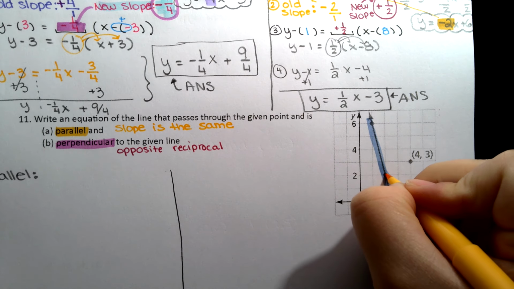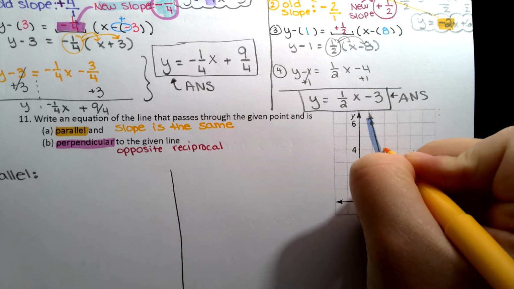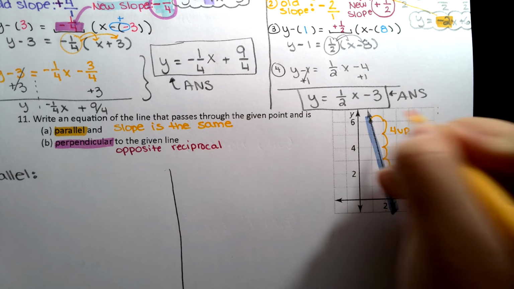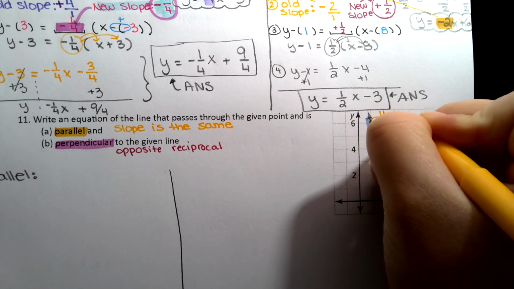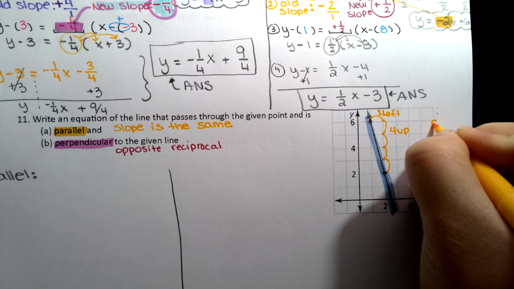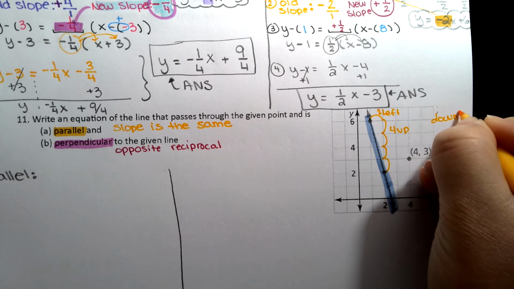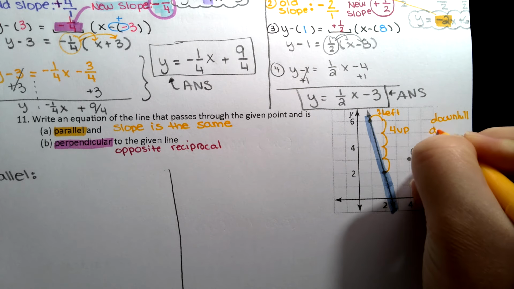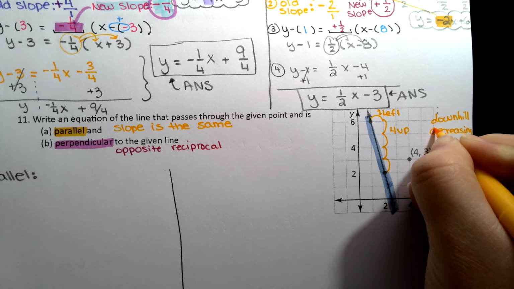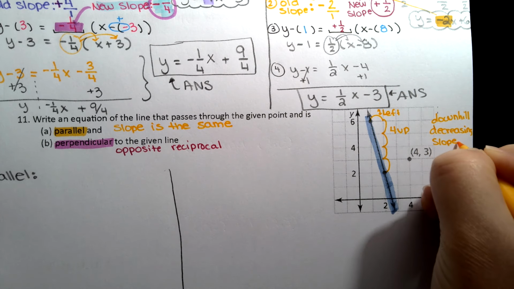So we're going to go up 1, 2, 3, 4 up, and 1 over. This is decreasing. We are going downhill. And decreasing means that the slope is going to be negative.